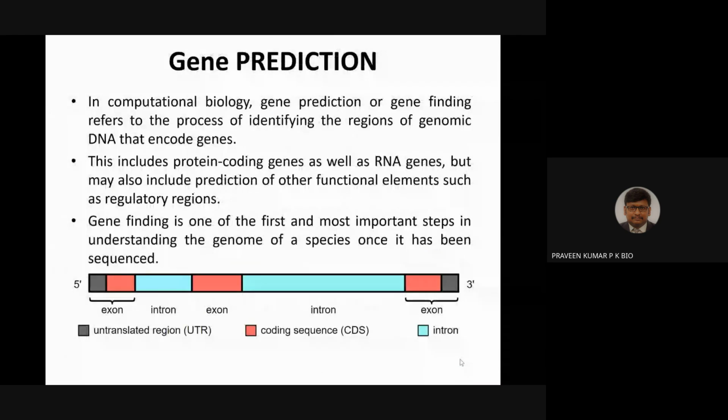Gene prediction in computational biology is also called gene finding, which refers to the process of identifying the regions of genomic DNA that encode genes. One should know what genomic DNA is, what a genome is, and how the DNA holds the genes' information, that is, DNA comprises the genome. For this, we take an example like the human genome.